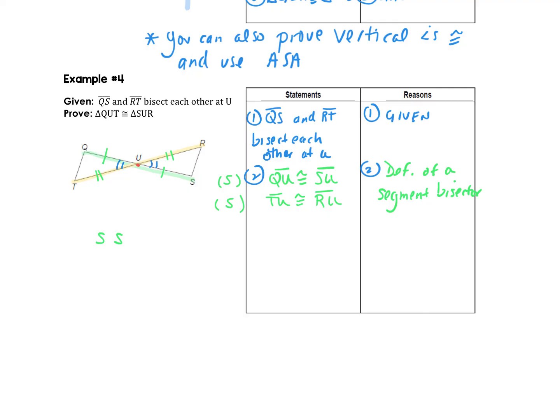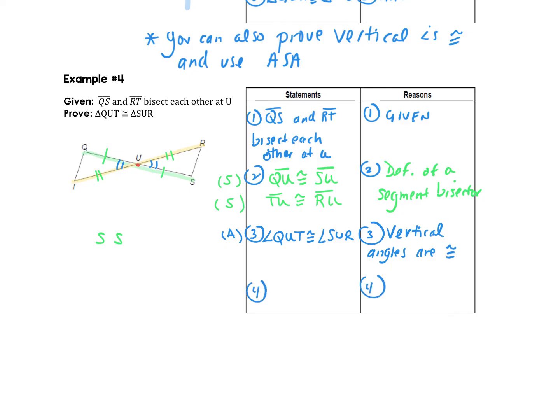And right away I can jump in and say those two angles are congruent, because I can see that they're vertical angles. We do have to name them with 3 letters though, so say angle QUT is congruent to angle SUR. And again, that's a pair of angles. And you can either say vertical angles theorem or just vertical angles are congruent.